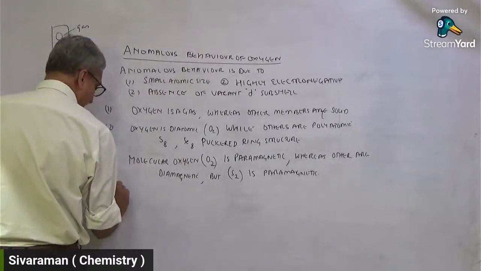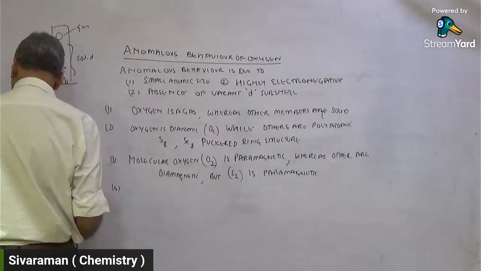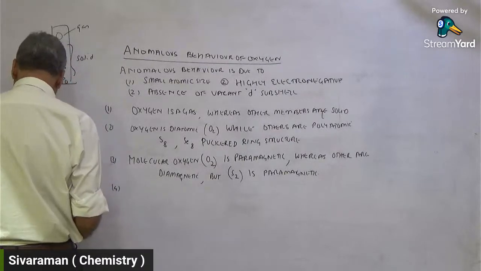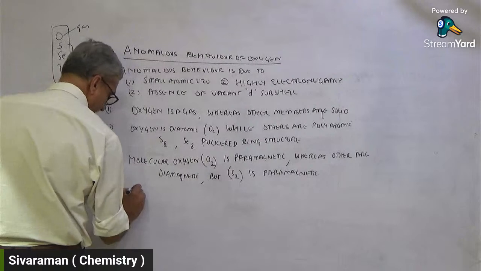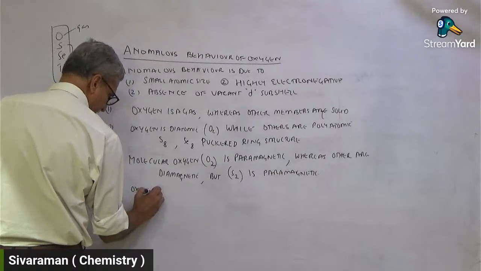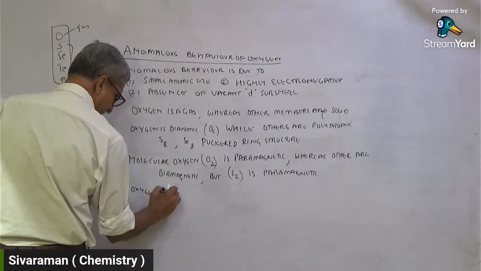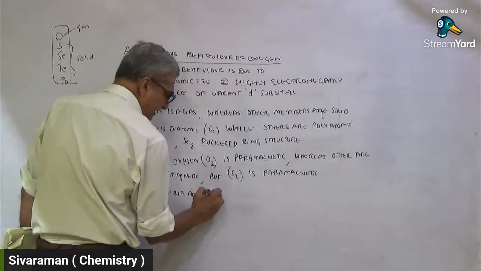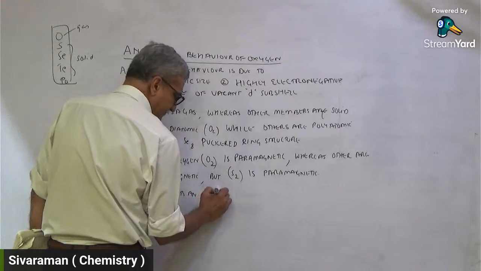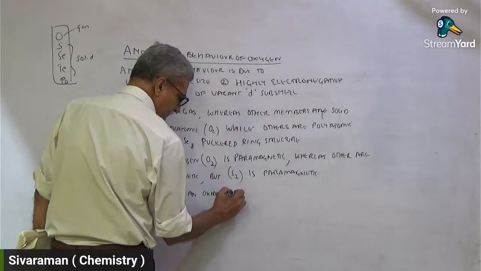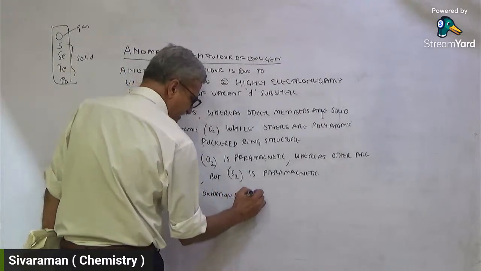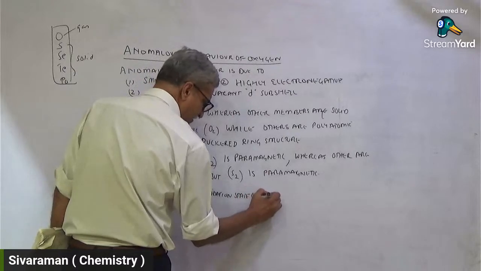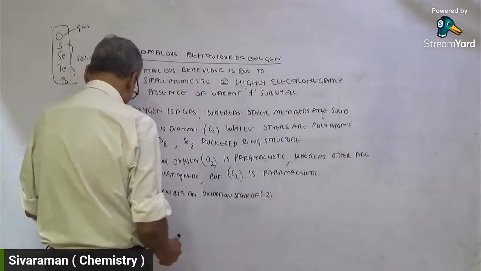Fourth one, oxygen exhibits an oxidation state of -2. It is clear, -2. Okay.